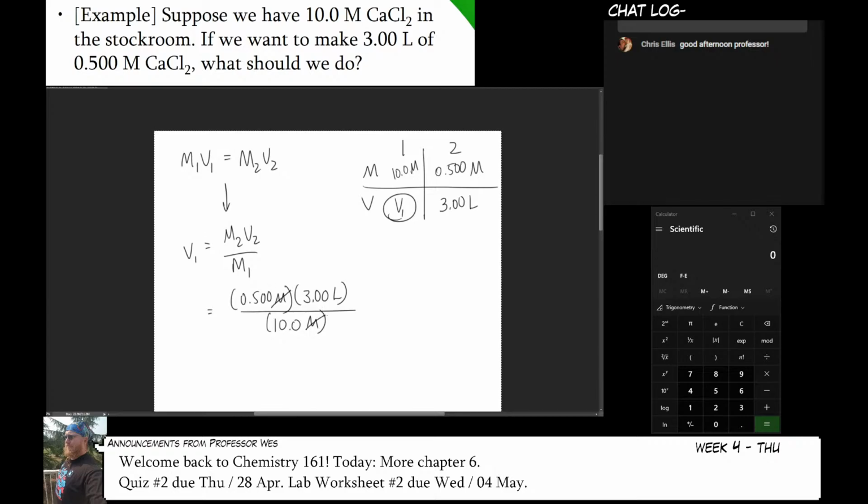You'll notice the units cancel out to give us volume, which is what we're solving for, so that's good. And we'll come over here to the calculator. So when I type this equation into the calculator, the result I get is 150 milliliters of stock solution.